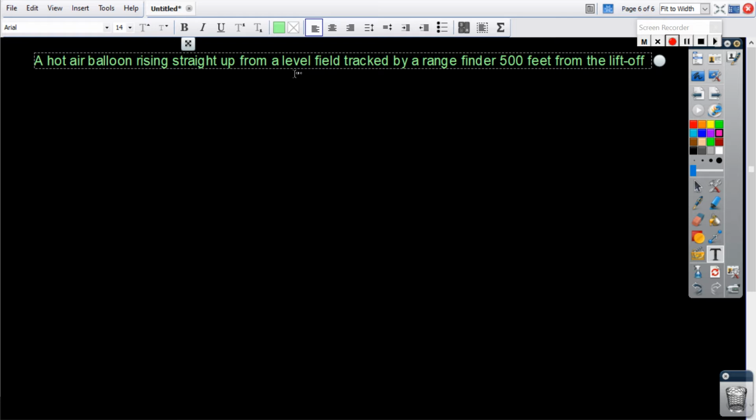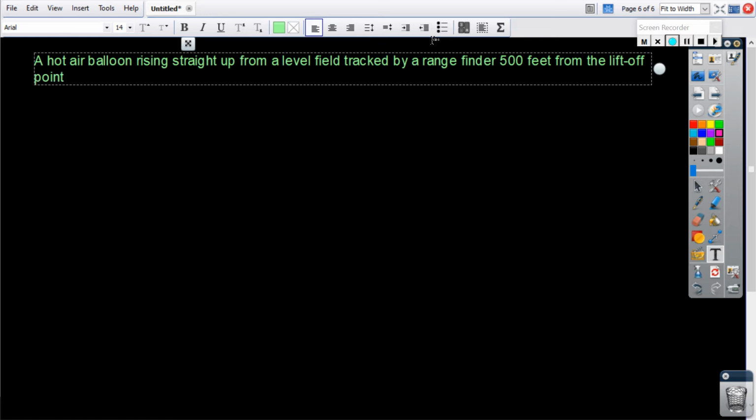At the moment the rangefinder's elevation angle is pi over 4, the angle is increasing.